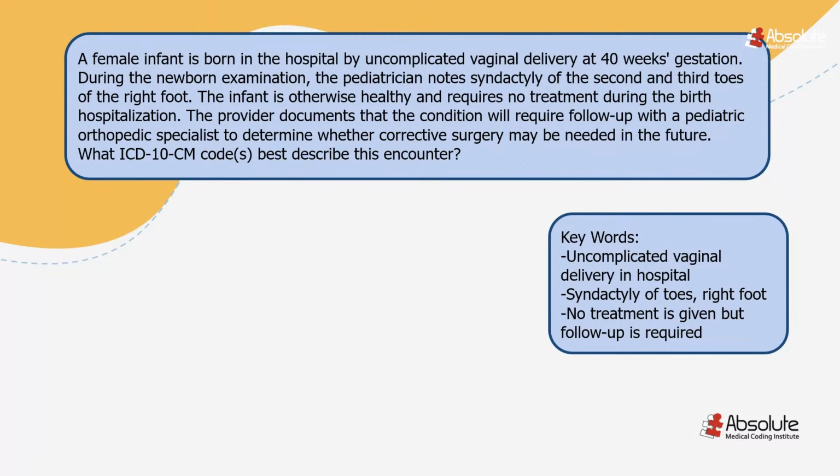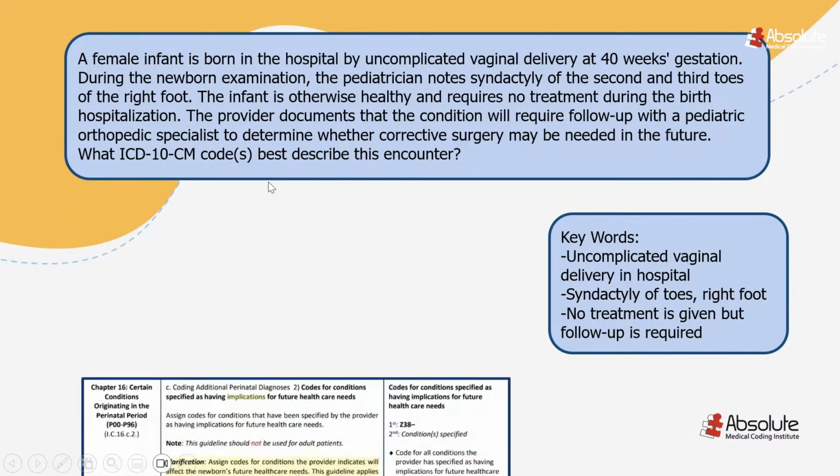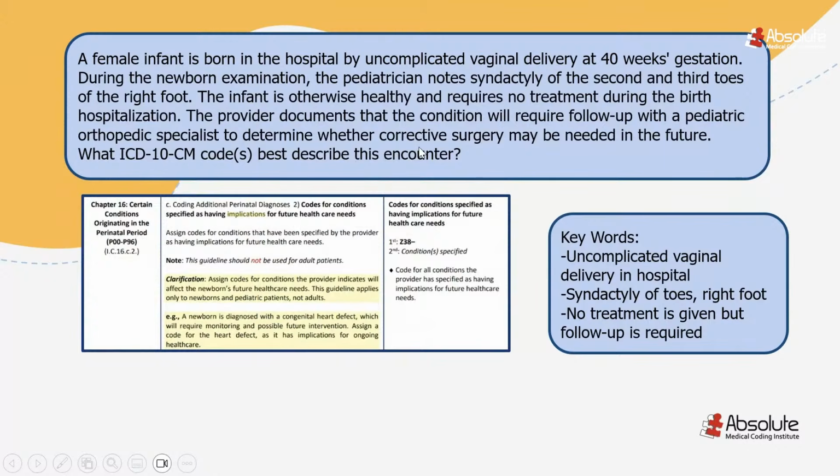And then also you could put the corrective surgery may be needed in the future, because that definitely indicates the guideline that we're going to use, which is coding conditions specified as having implications for future healthcare needs. And as always, if you look inside of the MCG manual, this sequencing suggestion is a big, huge help right here on the right-hand column.